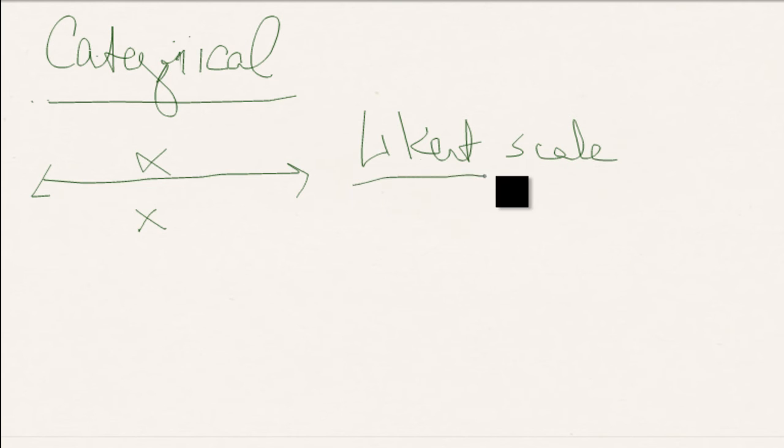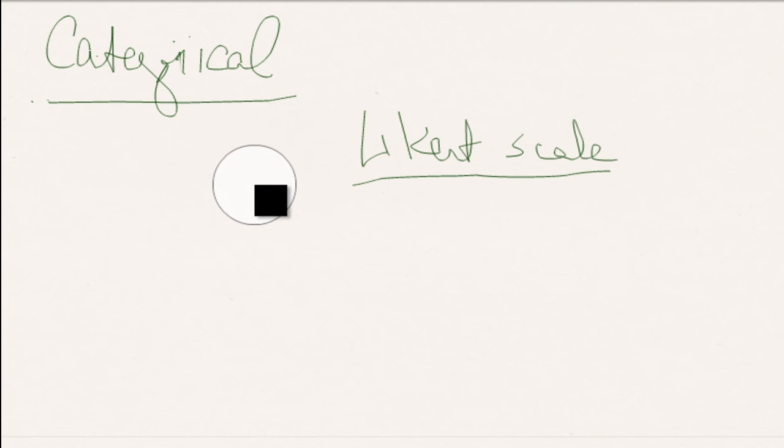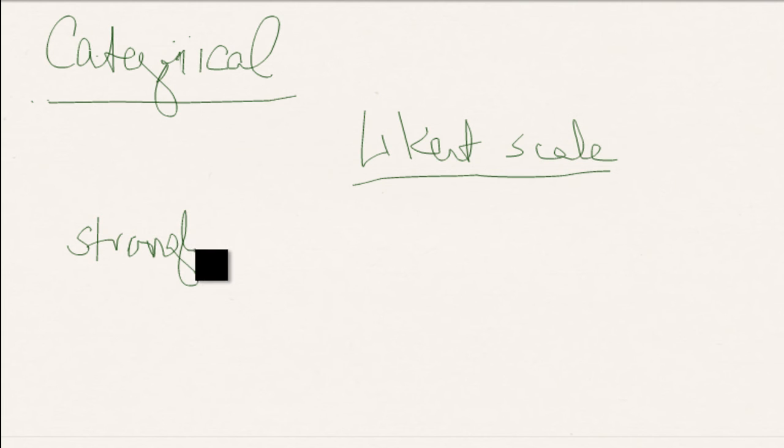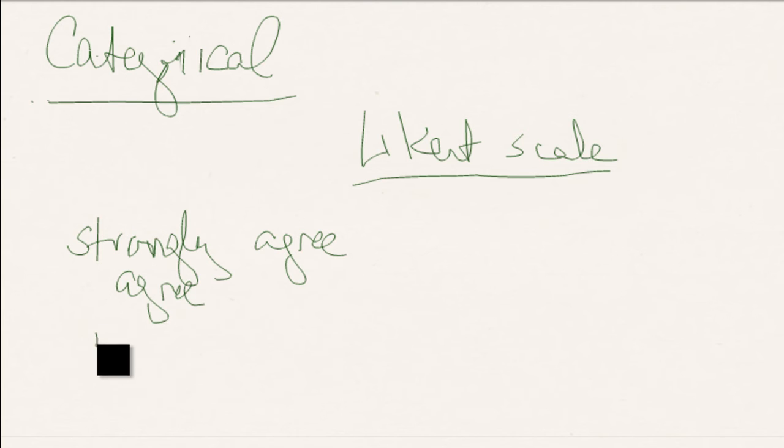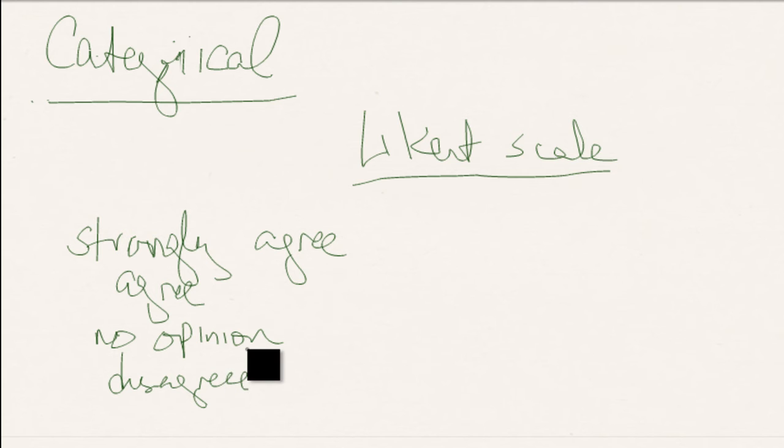And on the scale you've got 5 choices, and those 5 choices are as follows: that you strongly agree, just agree, have no opinion, that you disagree, or that you strongly disagree.